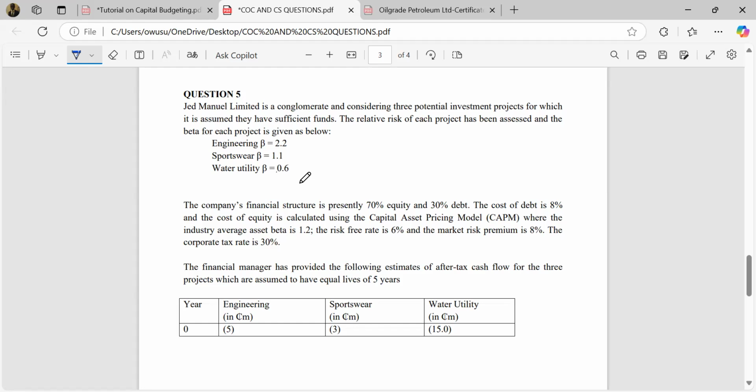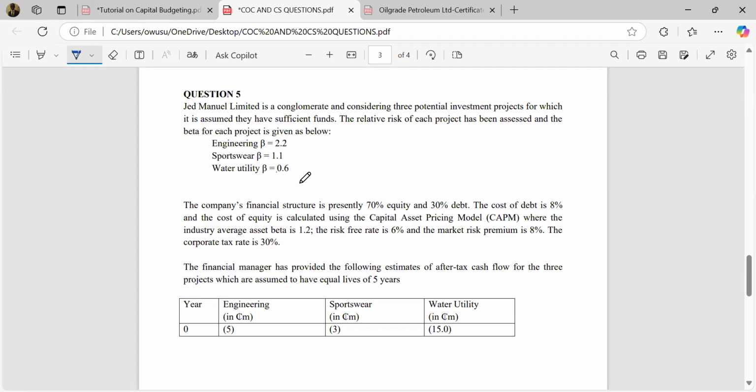But if you were given a beta before we introduce debt, you need to know the difference. If the firm was all equity, and when it was all equity it had a beta, and now we are trying to introduce debt and want to determine the impact of introducing debt on the firm, that is when you have to gear up. But this one is already a geared company.